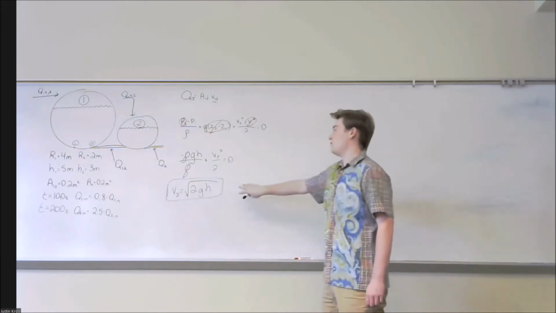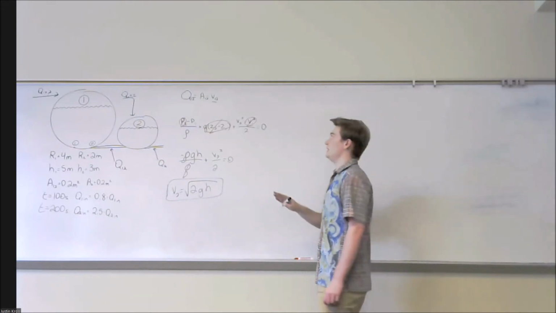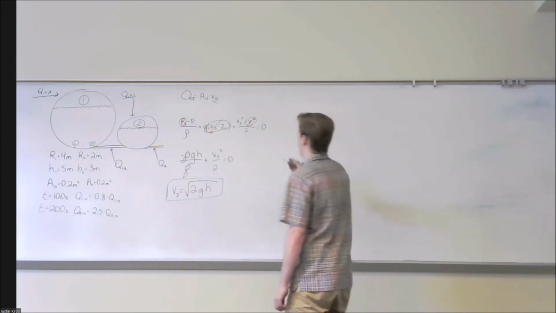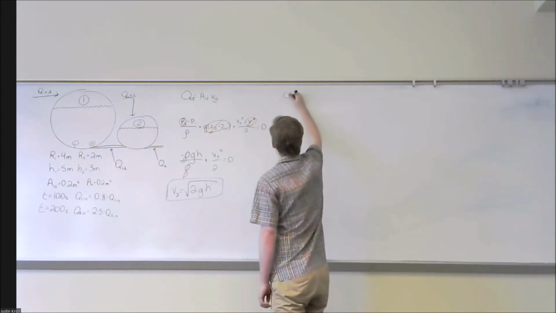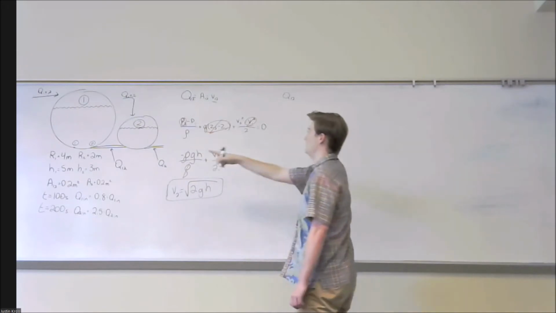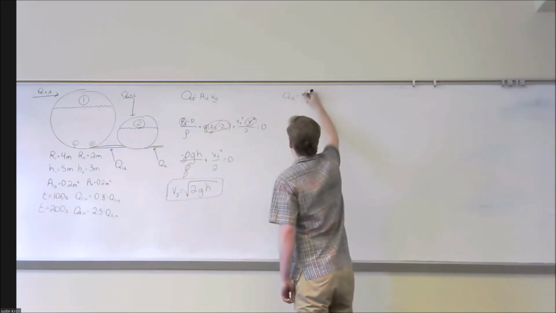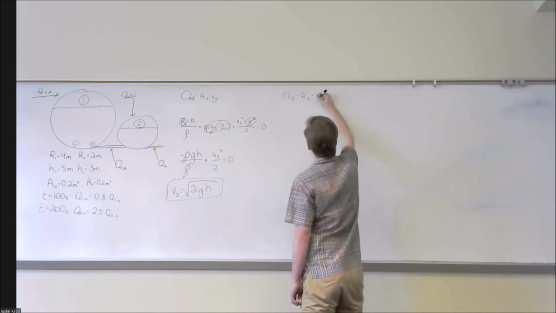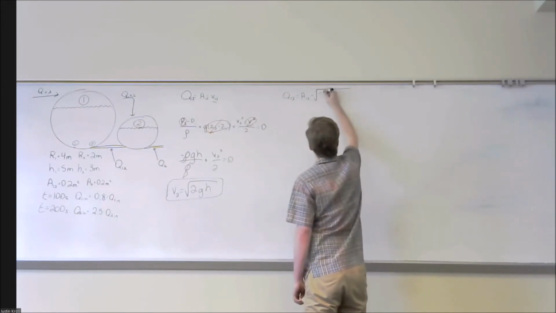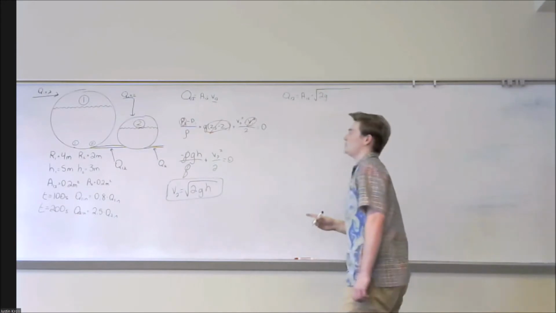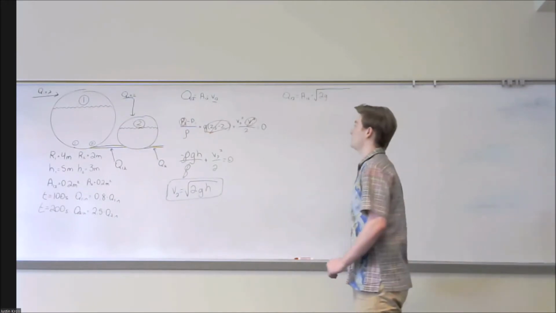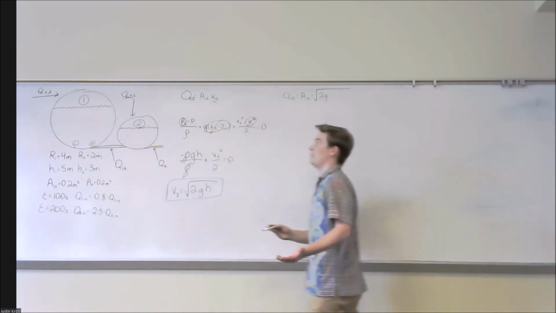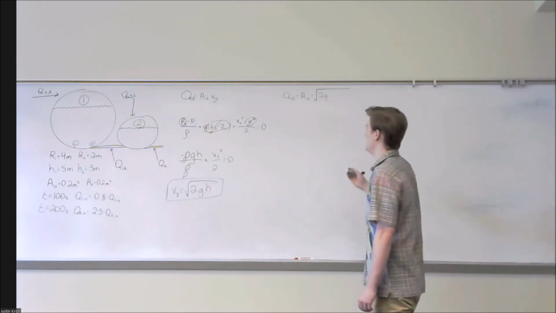Now we can use this equation that we just found for the velocity, and we can plug it into our flow rate equation. So if we look at Q12, the flow rate in between tanks 1 and 2, we're going to say that equals the area between 1 and 2, which was given, times the square root of 2g, and then for h, we're going to use the difference between the heights of water, or whatever fluid, in the tanks.